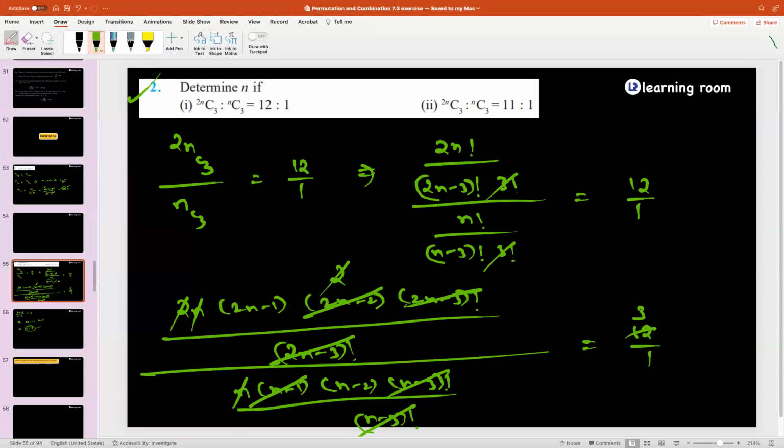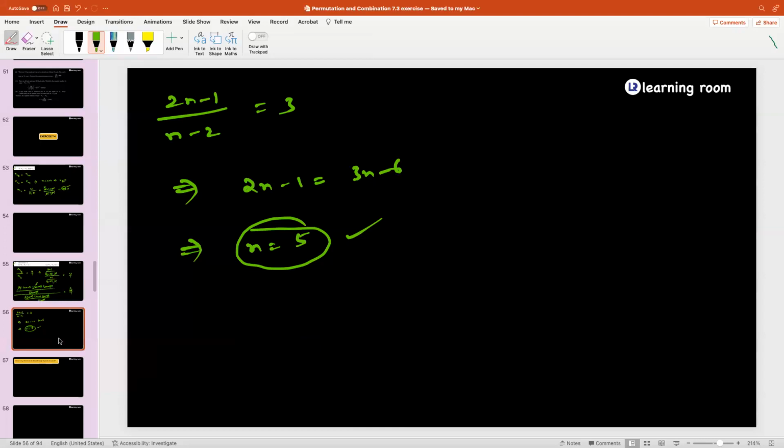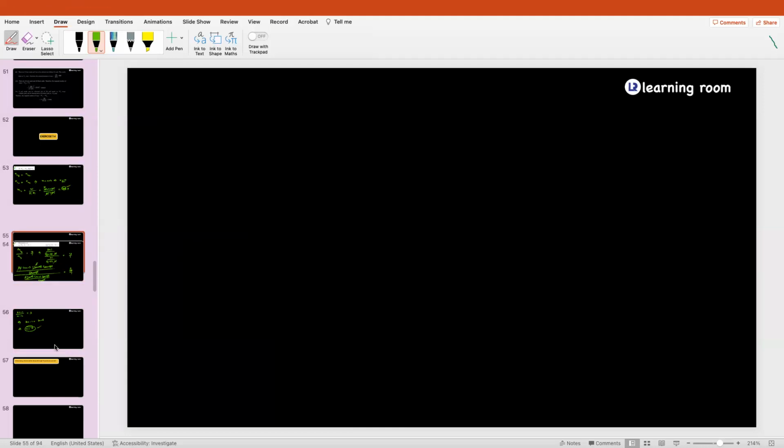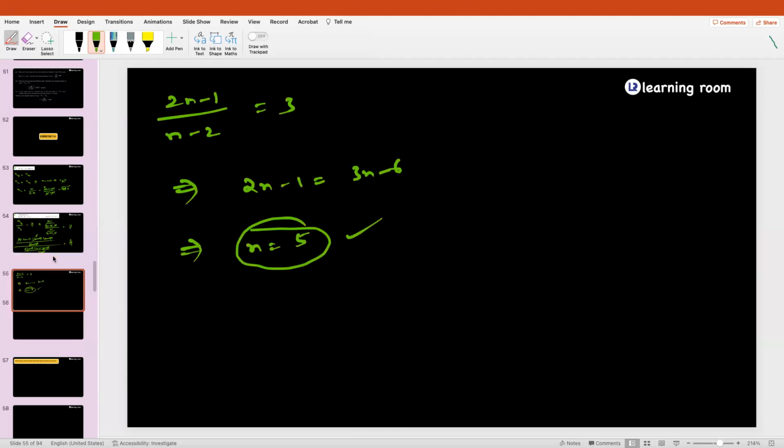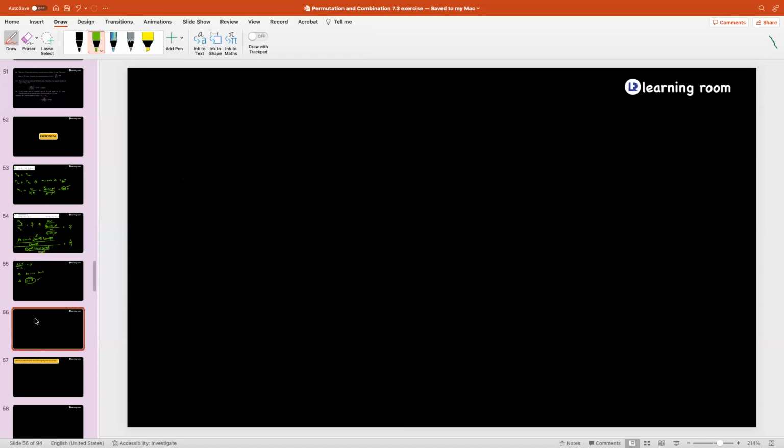So what is the answer for that? 2nC3 is to nC3 is equal to 11 is to 1.